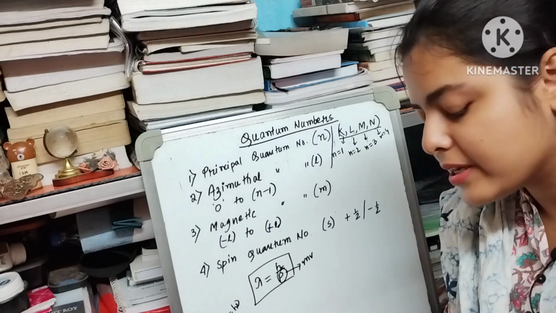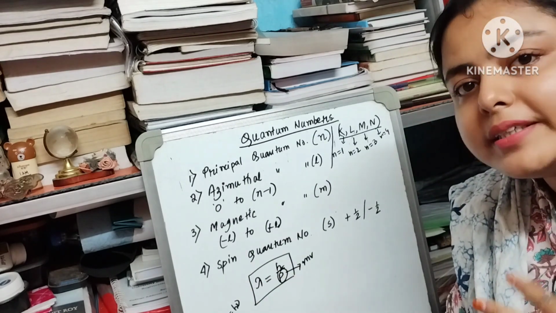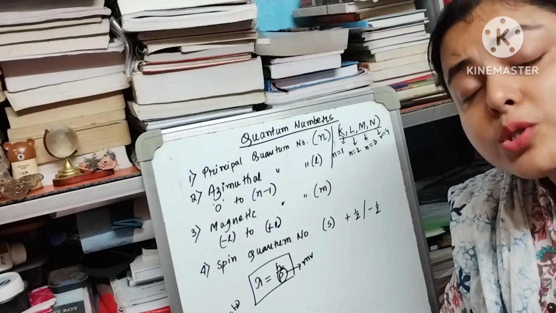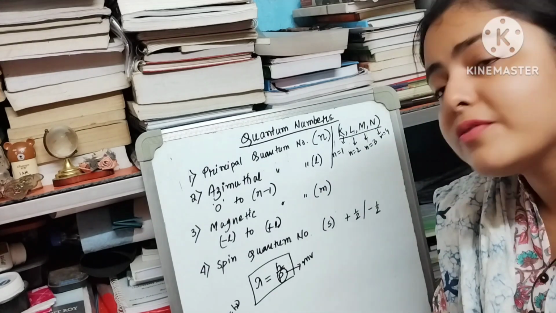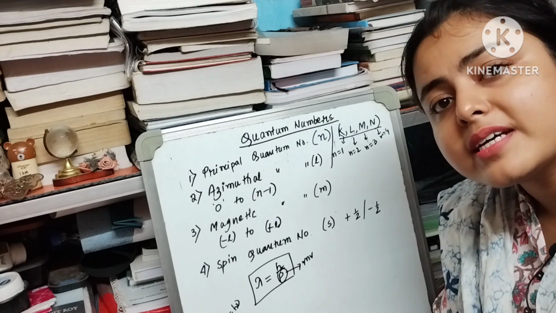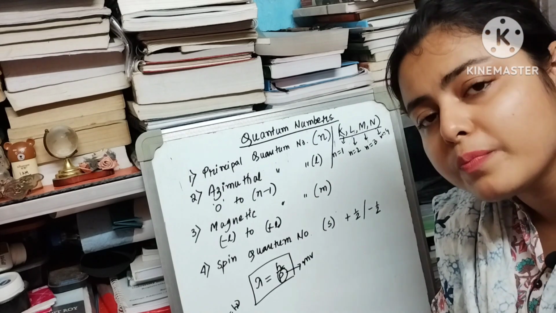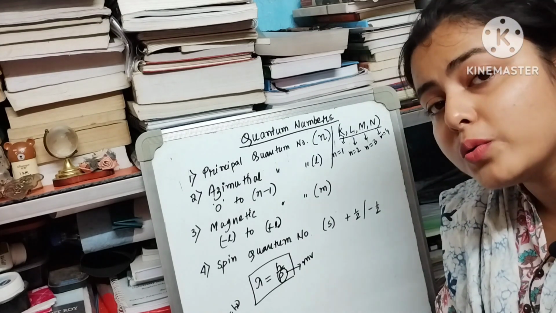So what is the main importance? Every particle has two types of properties, the duality theory, and electrons also have duality, that is a wave nature and a particle nature. And what is the main difference between electrons and us? We are macroscopic particles, but electrons are microscopic particles. So we can't ignore the wave nature.